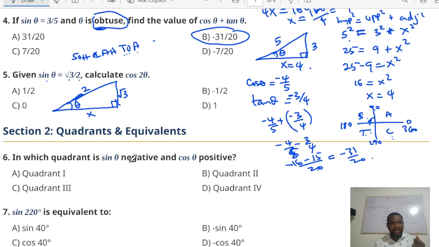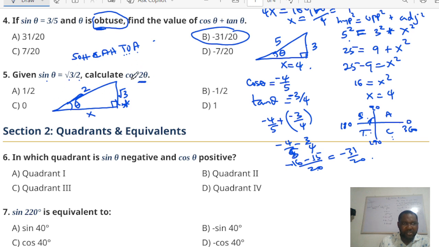Very important. Okay, so that means that we can find this very quickly. But this might not be necessary here, since this is 2 theta.